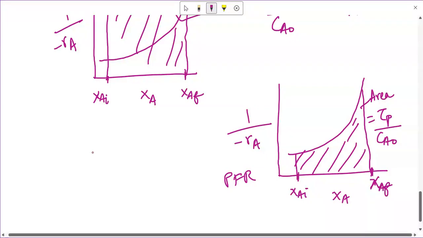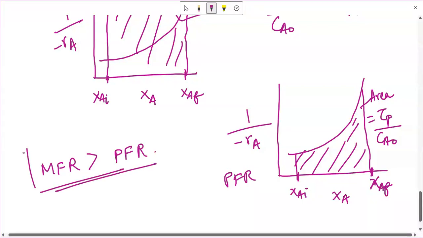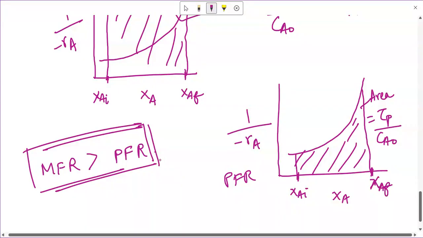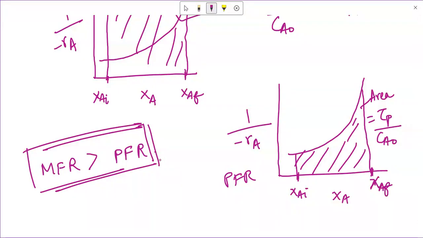For such reactions, you will always see that the MFR volume is larger than the plug flow reactor volume. So this understanding stays with us for nth order reactions. With that, we can now compare the size requirements of the mixed flow reactor and a plug flow reactor for a given reactor duty and with positive reaction order.